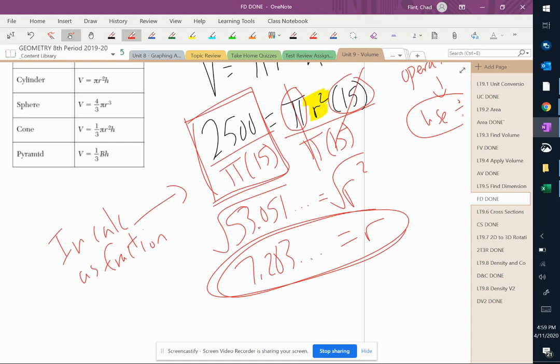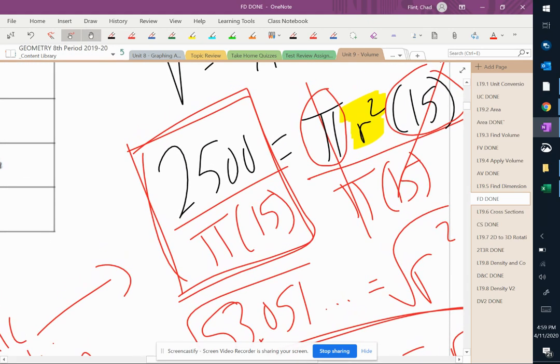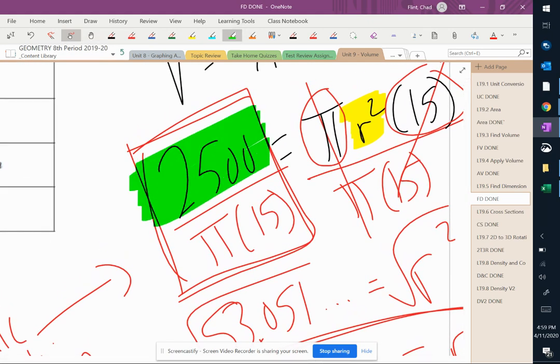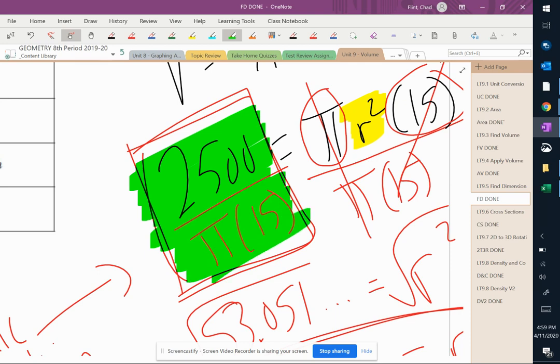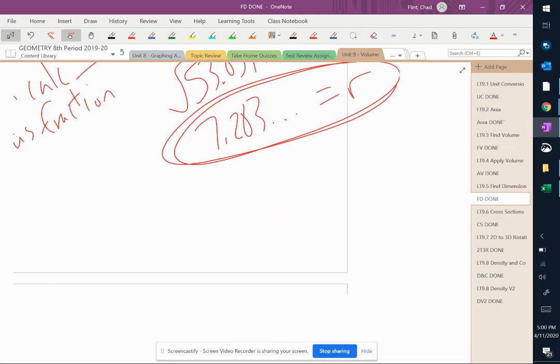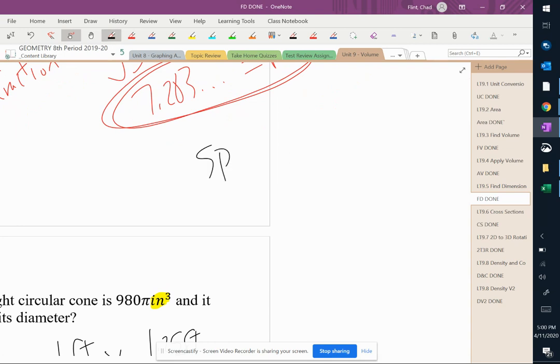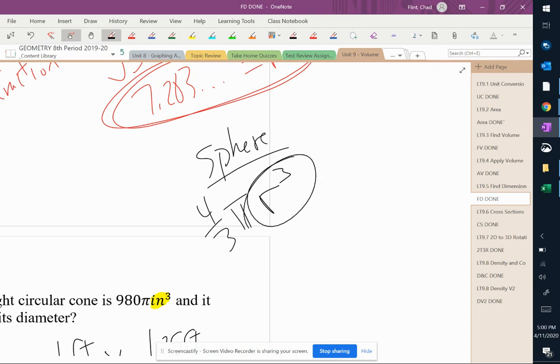But the most important thing I want you to see here is this. Every single problem in this entire file is going to need you to do some division to get the answer. You might have to take the square root, and then as my last little piece here, for any kind of sphere, it has an r to the third in the formula.